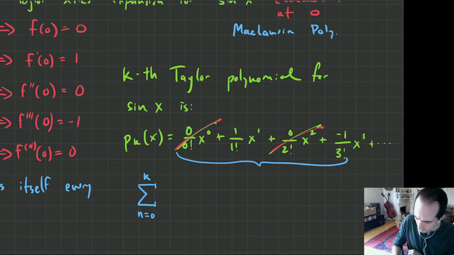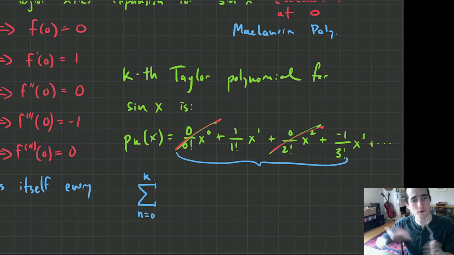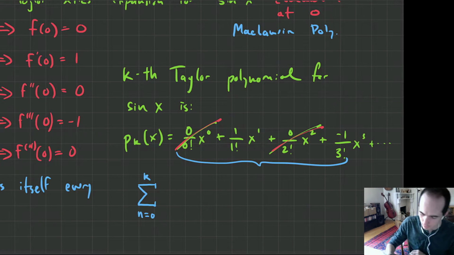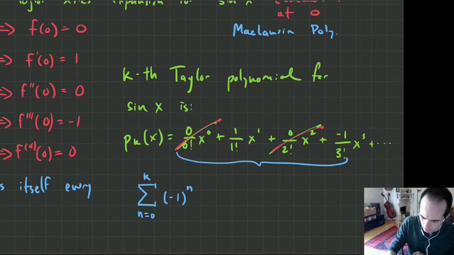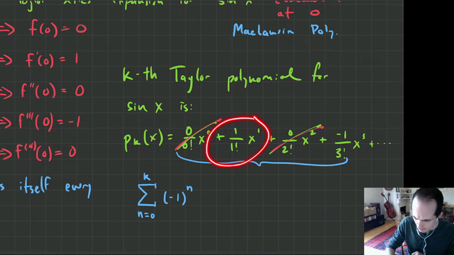And then within those odd ones, we're going back and forth between positive and negative. We've got a plus sign here, and a minus sign here. So the way we can write this is by saying it's negative 1 to the power of n. On our very first term, n is equal to 0, so I've got negative 1 to the power of 0, which is positive.